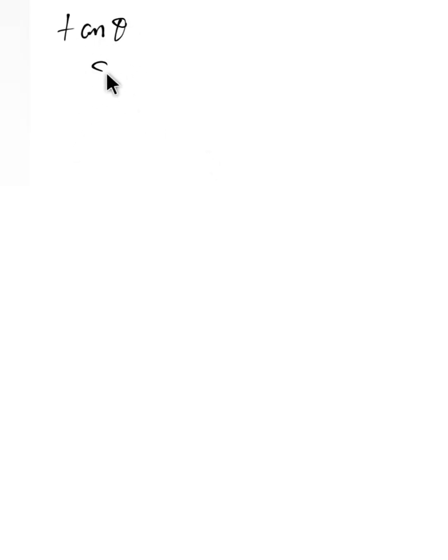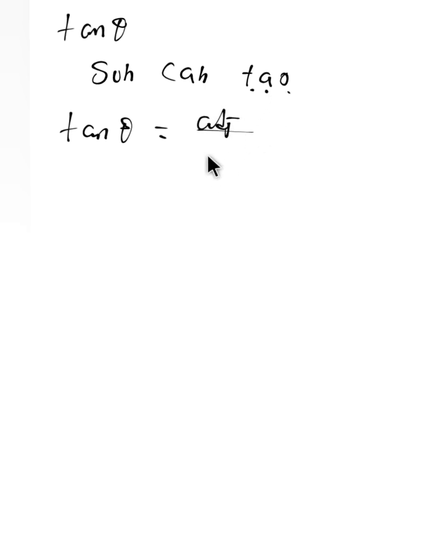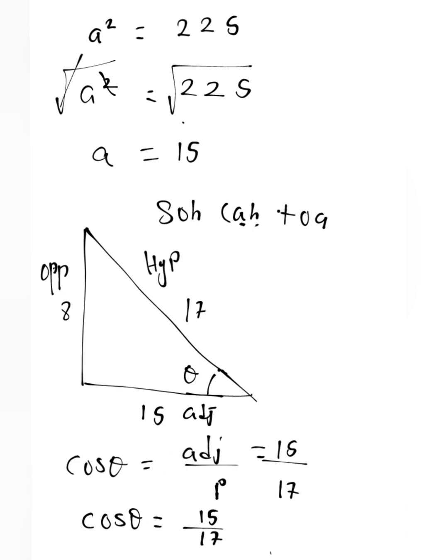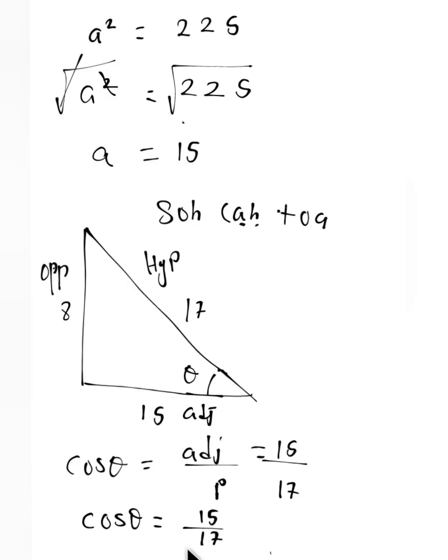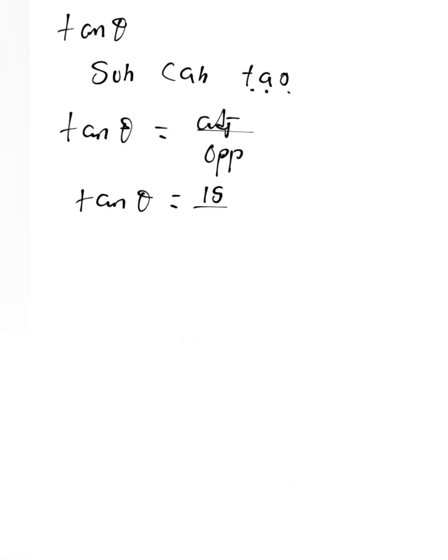From SOHCAHTOA, tan is AO. Tan theta is equal to adjacent over opposite. Adjacent is 15 over opposite, and opposite is 8. Tan theta is 15 over 8.